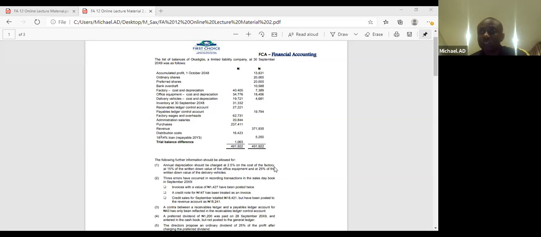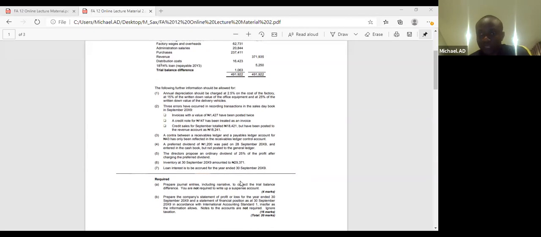You also see office equipment with cost and depreciation, two figures beside it: cost 34,776 and depreciation of 18,456. We have two figures side by side, knowing fully well that this side is the debit and this side is the credit side. So how do we look at and treat this information?